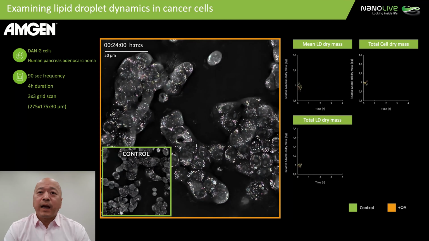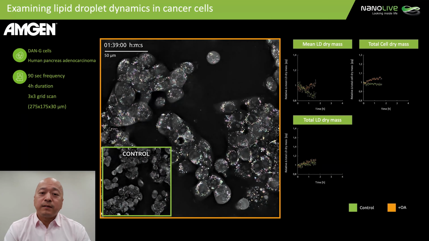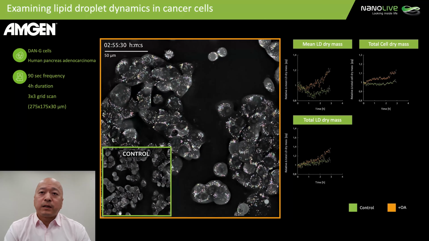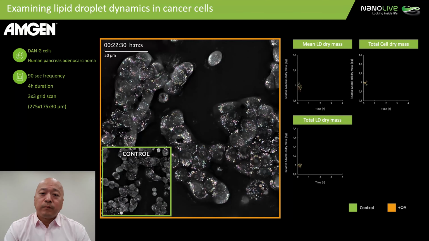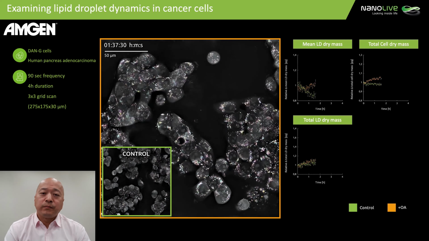As shown in these time normalized graphs on the right, we can clearly see that oleic acid treatment can cause an increase in the mean dry mass content from these cells.